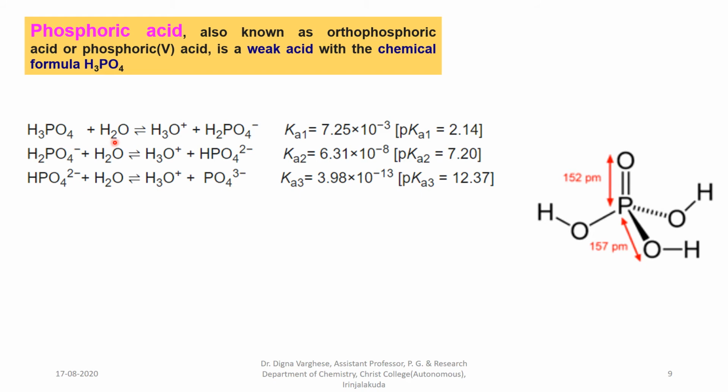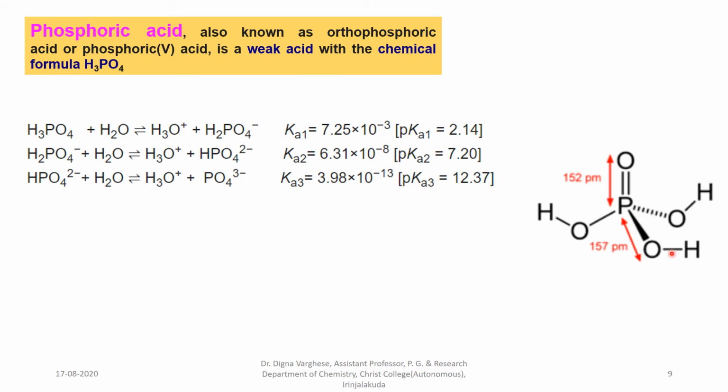When phosphoric acid dissolves in water, it will give dihydrogen phosphates. Again it ionizes to give hydrogen phosphates. Again it ionizes to give phosphates. So with potassium metal it gives potassium dihydrogen phosphate, that is KH2PO4, potassium hydrogen phosphate, that is K2HPO4, and potassium phosphate, that is K3PO4.